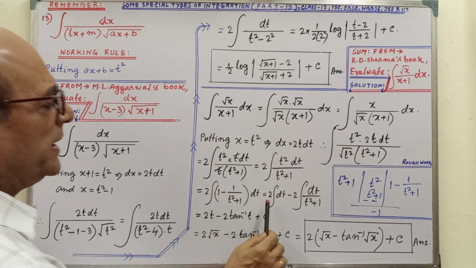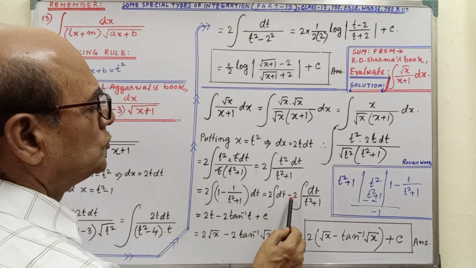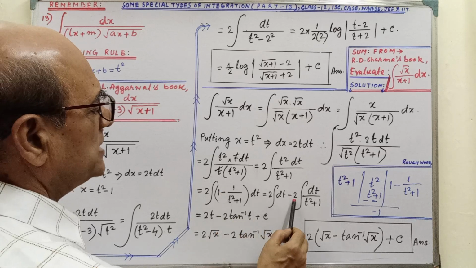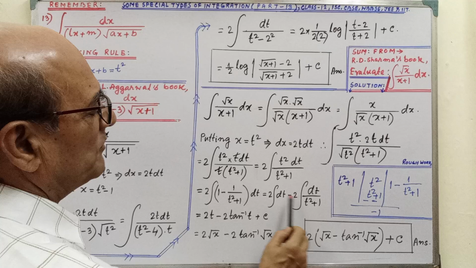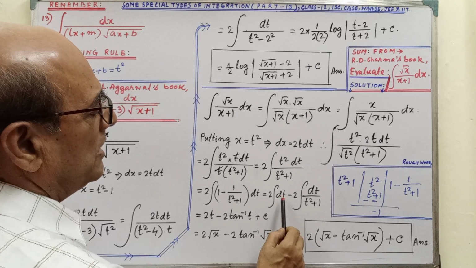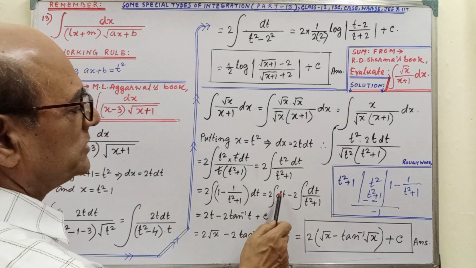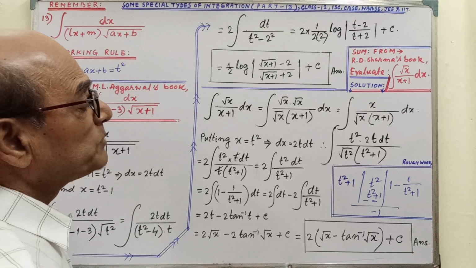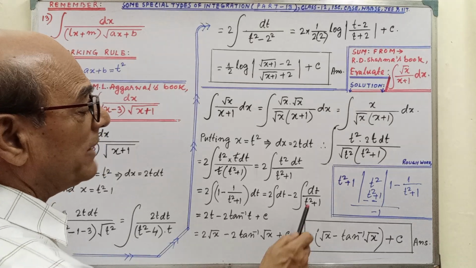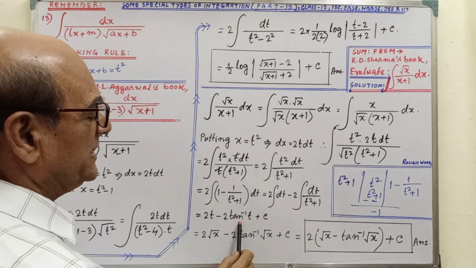Now by simplifying, we are getting 2 into dt, and minus 2 dt by t square plus 1. Now we are getting the frame of the formula. This is also in the formula, and this is also in the frame of the formula. Integration of dx by x square plus a square gives 1 by a tan inverse x by a, so here a is 1, that is tan inverse x.